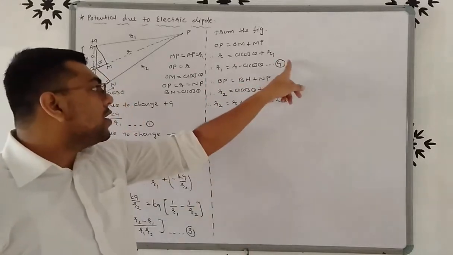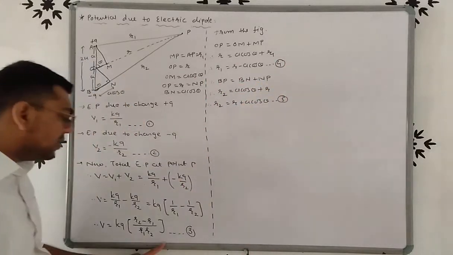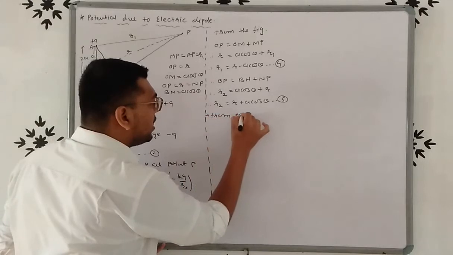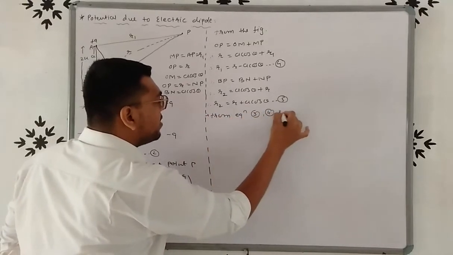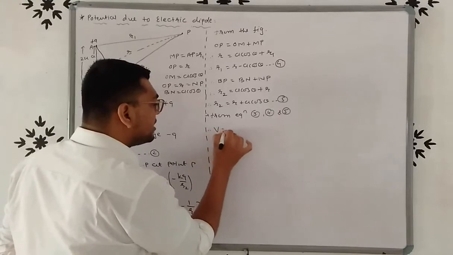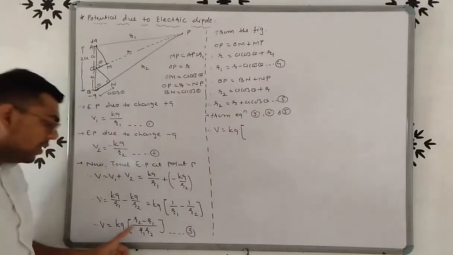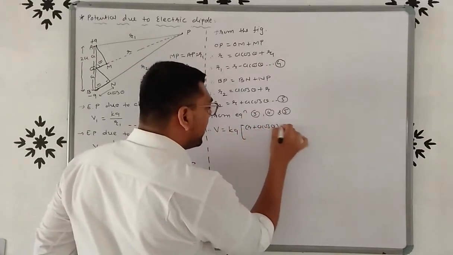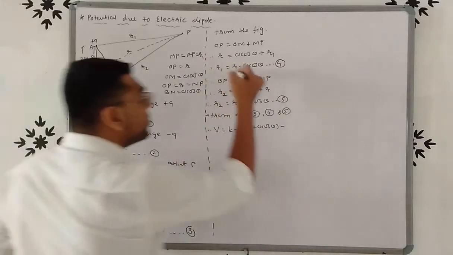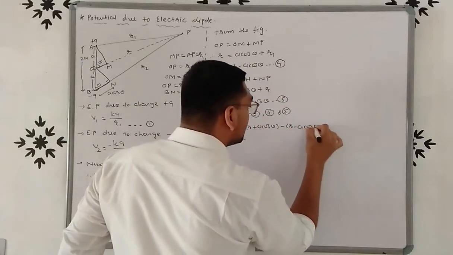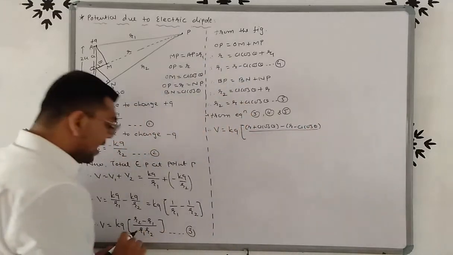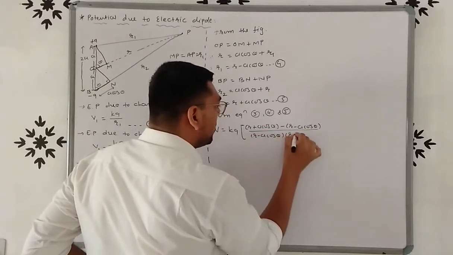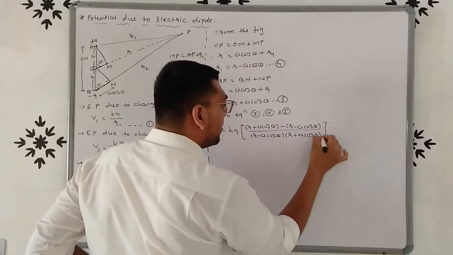So here we put the values of equations number 4 and 5 in equation number 3. So from equations 3, 4 and 5, what do we get? V is equal to KQ times R2 minus R1 over R1 into R2. That is, R plus A cos theta minus R minus A cos theta, divided by R minus A cos theta into R plus A cos theta.